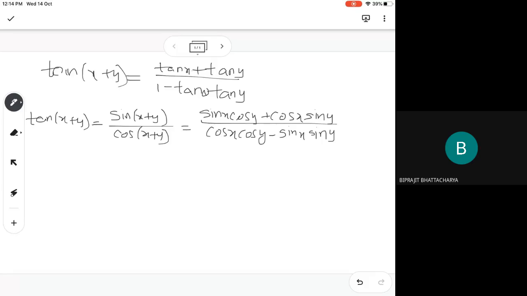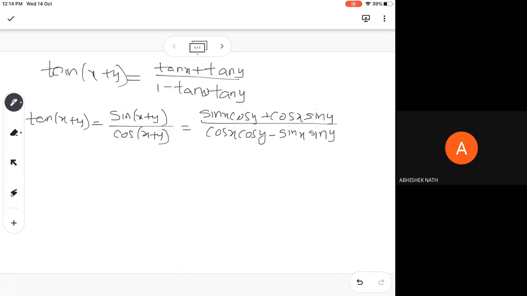If you want to convert into tan, what to do here? Dividing by cos y. So here in the denominator you need to get cos x. With what do we need to divide?